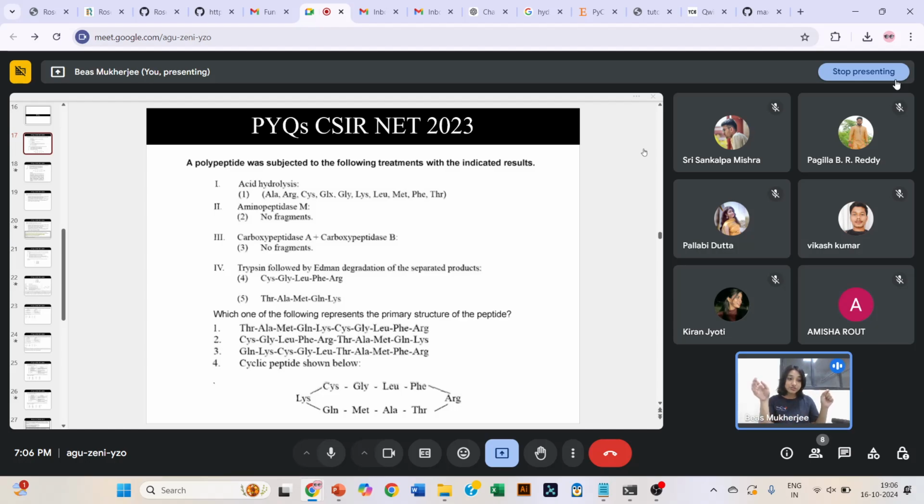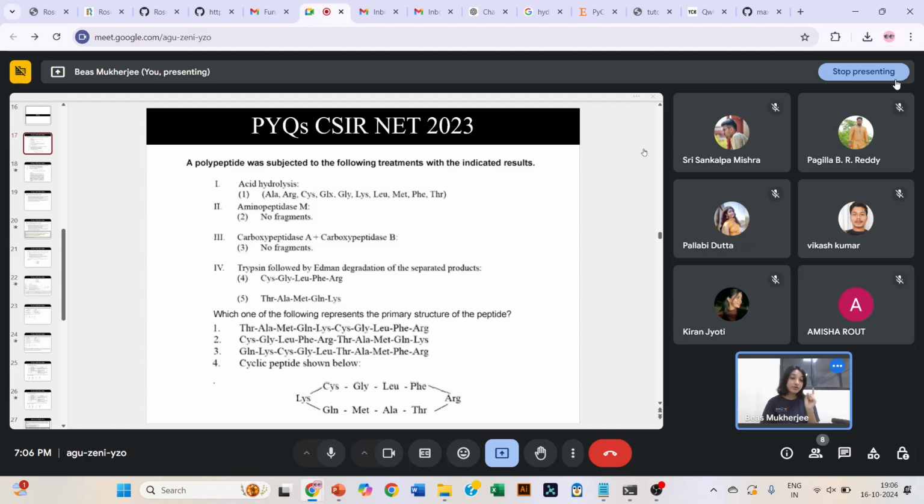These are all exopeptidases. Exopeptidases only cleave the extreme end amino acids. If there is no extreme end in this peptide, it is not going to cleave anything. That is why in both step 2 and 3 you are not getting any amino acids.